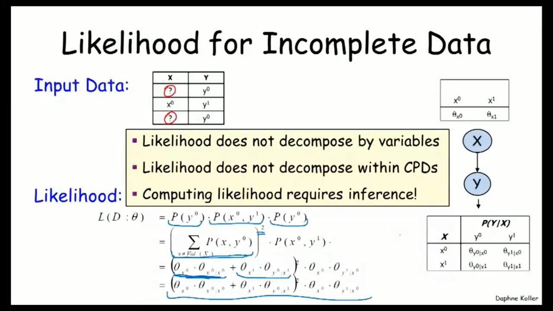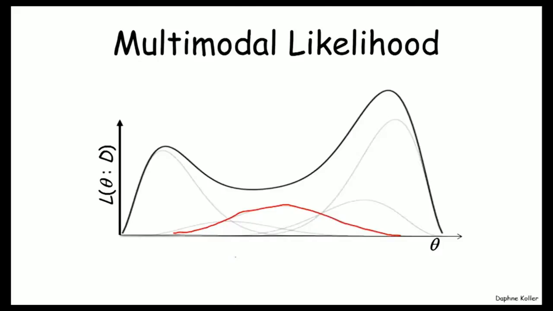So this is one such summation. So the likelihood function ends up being a sum of these nice concave likelihood functions, well, log concave likelihood functions. But the point is, when you add them all up, it doesn't look so nice at all. It ends up having multiple modes and is very much harder to deal with.